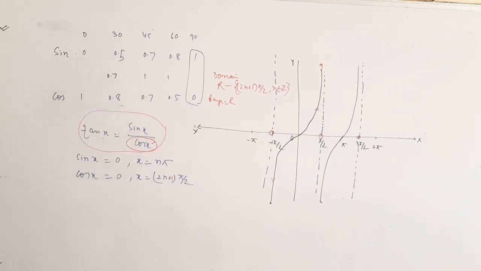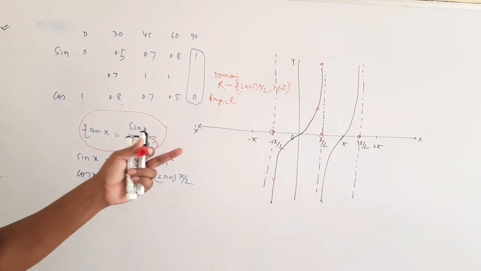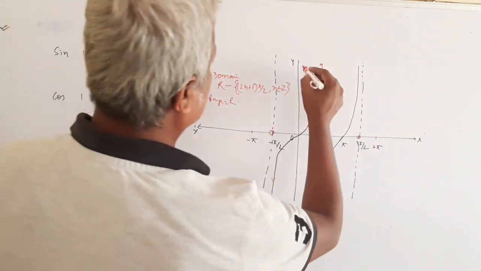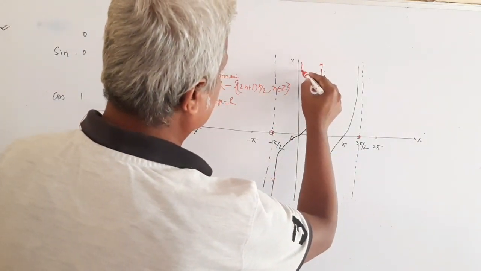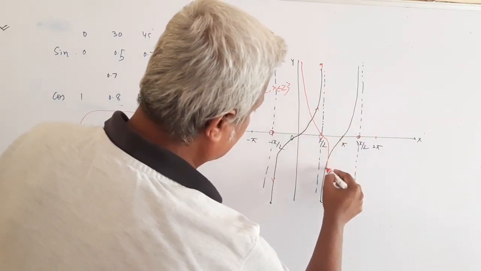Now let me clear this, and then I'll draw the graph of cot. Without changing this, I'll try to plot the graph for the cot. So the graph for the cot goes like this. I'm using a color change. So it will go like this.